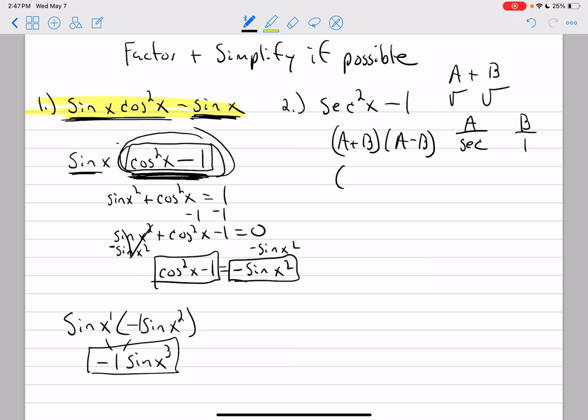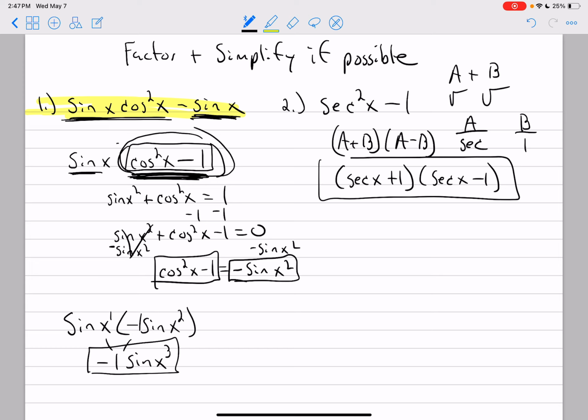So this becomes secant x plus 1, a plus b, times secant x minus 1. And I have now factored it. Secant x plus 1 times secant x minus 1.